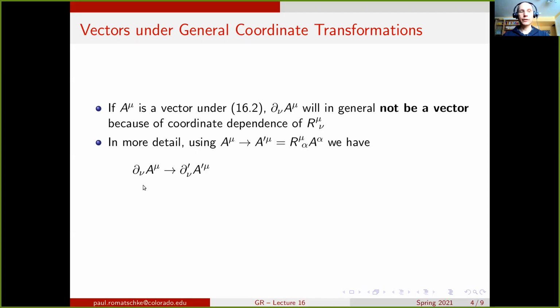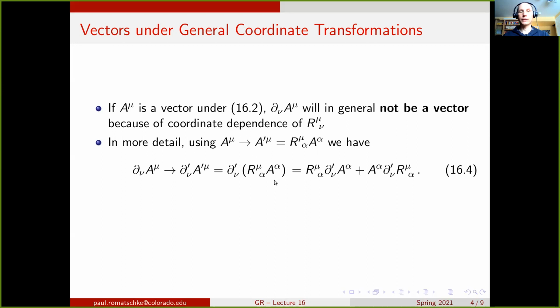In detail, we have d nu A mu going over to d prime nu A prime mu. That is the same as d prime nu on the transformed vector A prime, and that transformed vector is just given by the transformation matrix times the original vector.